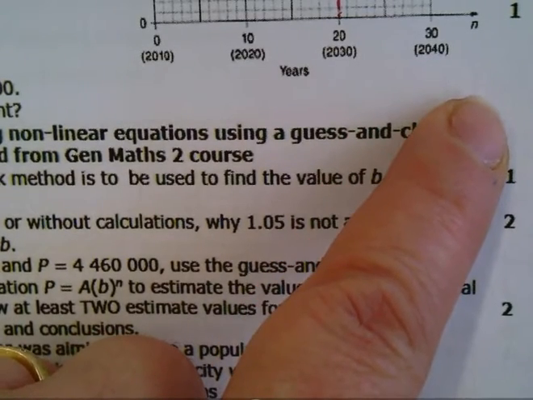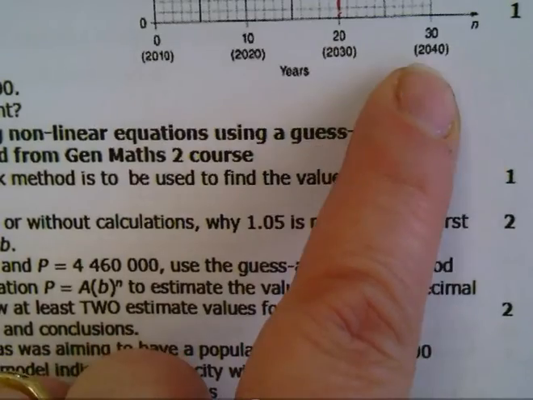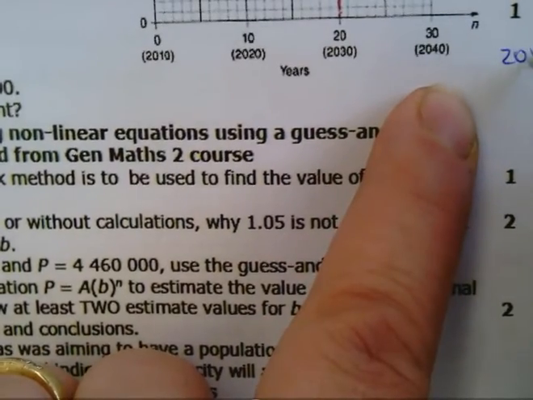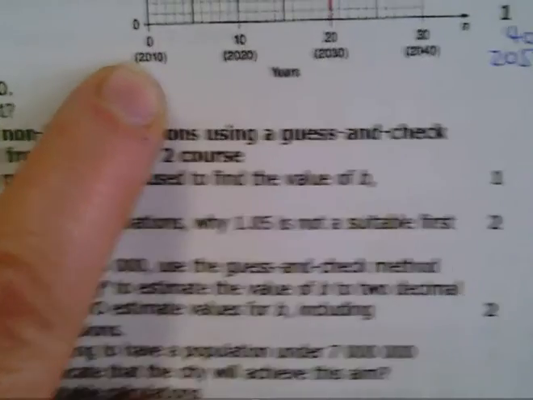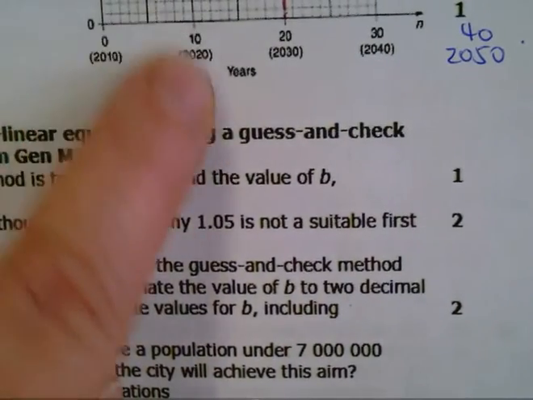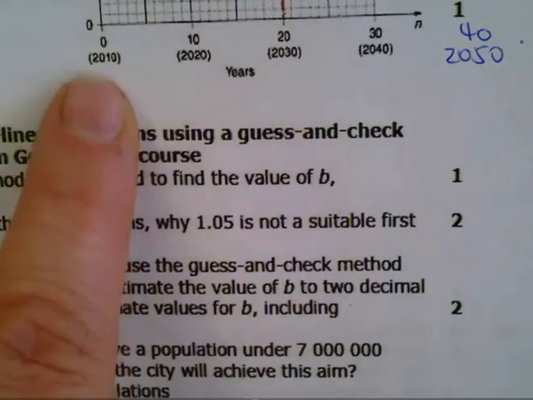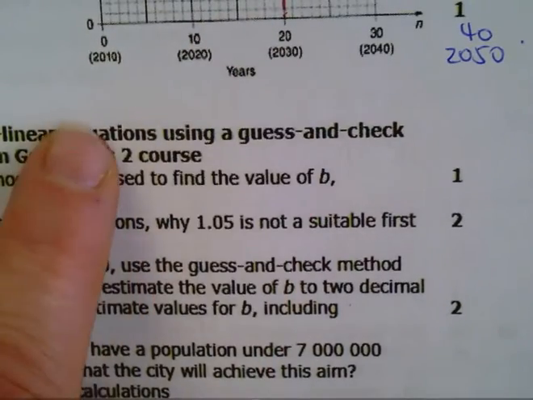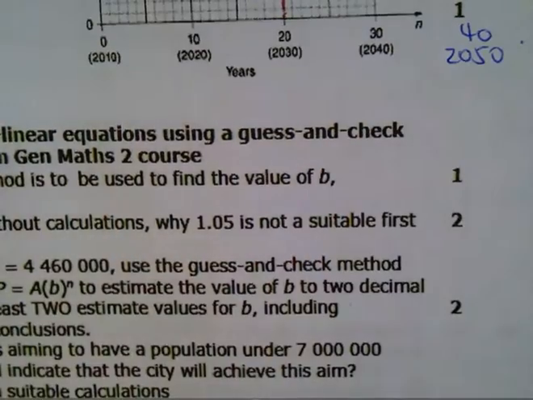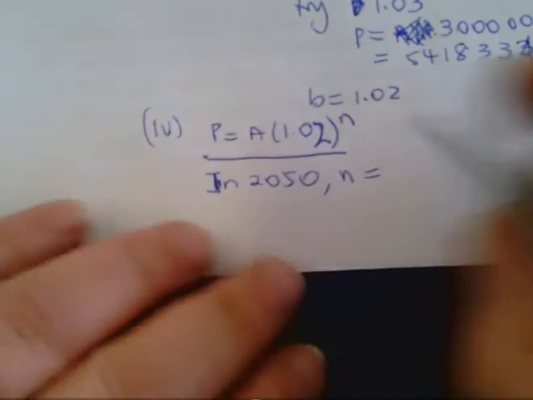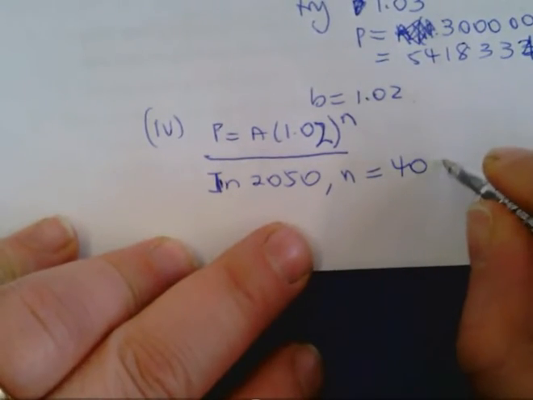N is what? It'd be the next one up. N is 40. No, wait, because 0 time is 2010. 10 years is 2020. 20 years after 2010 is 2030. Remember, 0 time is 2010. 2010 plus 40 gives 2050. So for this question, you substitute n is 40.